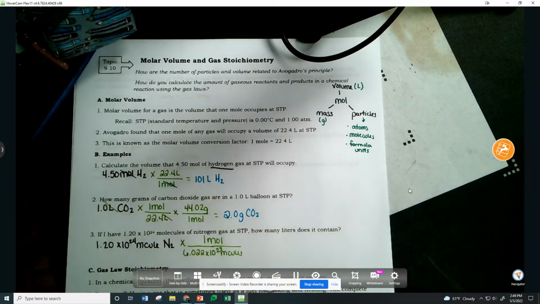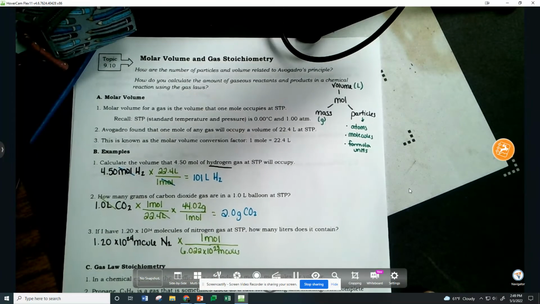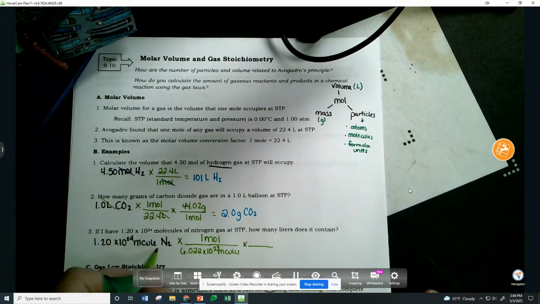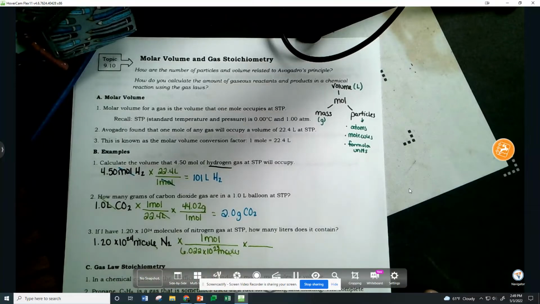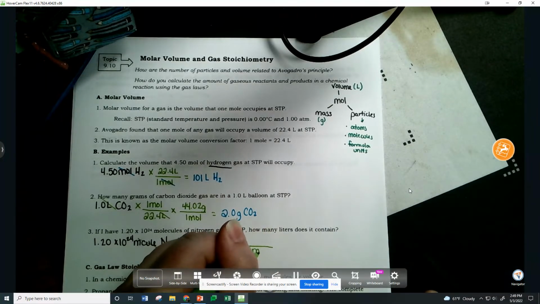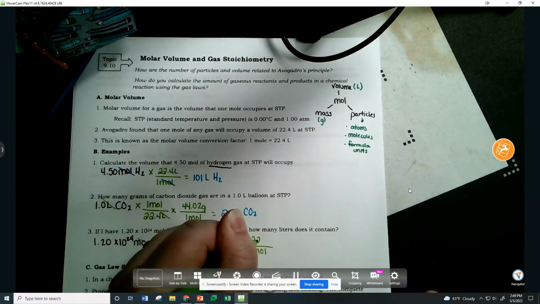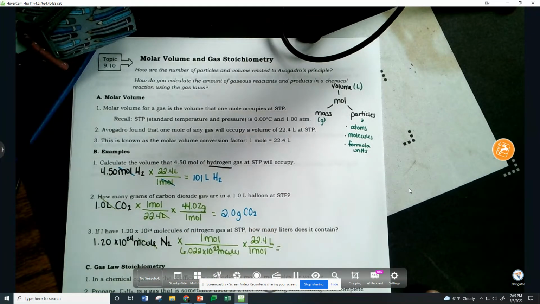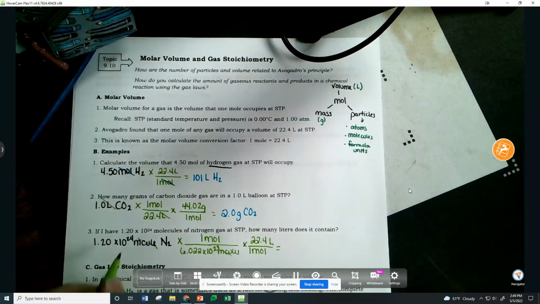That'll be my numerator. It wants liters, so I need to get to volume. Because I have molecules canceled, I have mole in the top. 1 mole will be my denominator. 22.4 liters will be my numerator. And I'm all set to solve. Don't forget to use the EE function for putting in your scientific notations here.